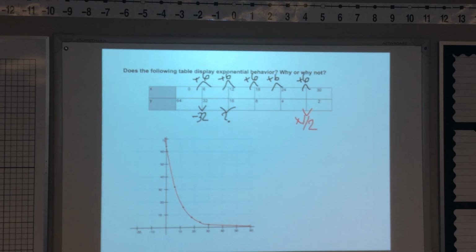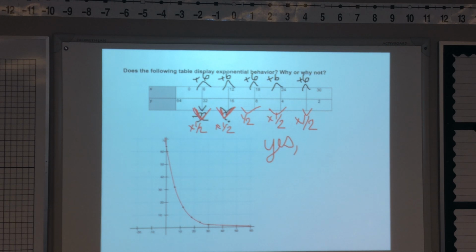From 8 to 4 is again 1/2. From 16 to 8 is 1/2. From 32 to 16 is 1/2. From 64 to 32 is 1/2. So just from looking at that table, we know that this is exponential behavior. So does it represent exponential behavior? Yes.